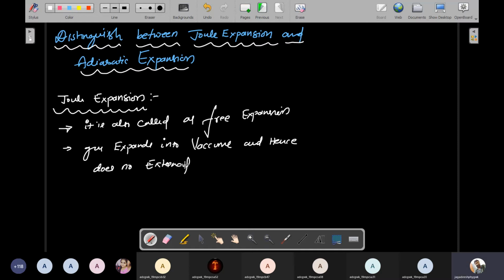So in Joule expansion, no external work is produced. In this expansion, internal work is done by the gas against the intermolecular force of attraction. If it does no external work, it definitely does some internal work.